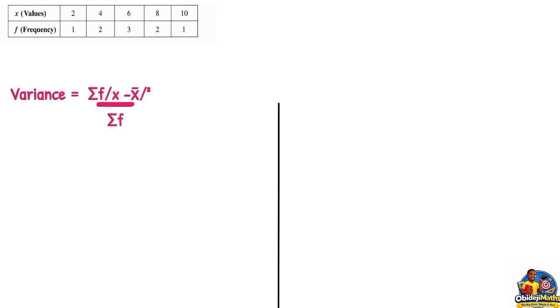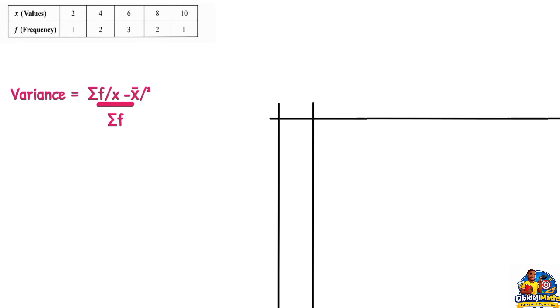Now to the variance. Don't forget, it's still the same question. Variance is equal to summation f (x minus mean) squared over summation f. Naturally, I'm supposed to solve these questions together, but for clarity, let me do it like this. So let's draw a table for that also.